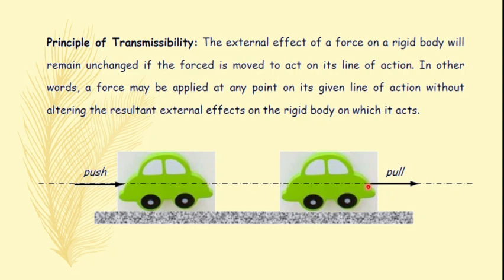If this pull force acts on the same line of action, then we get the similar result if the direction and the magnitude of the force are the same. Then whether it is push or pull, the net effect on this object remains unchanged.